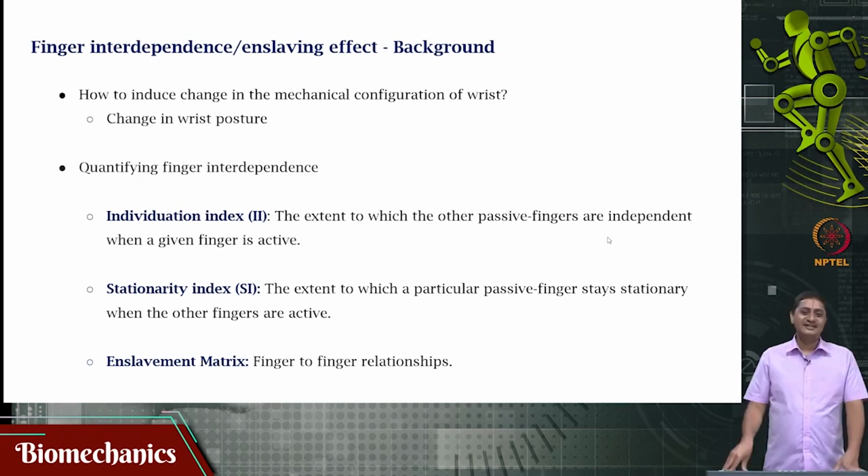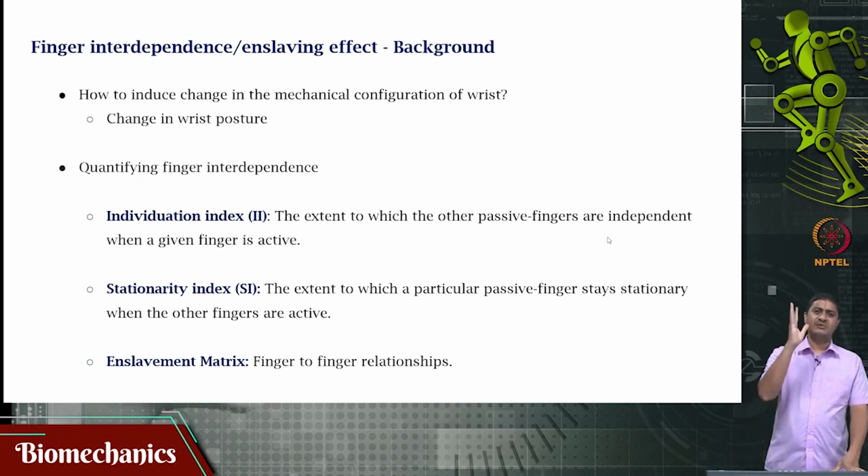In some previous studies by the excellent research group of Professor Mark Schieber, it has been proposed that finger interdependence in the kinematic space can be defined using two indices. One is an individuation index. This is the extent to which other passive fingers are independent when a given finger is active.